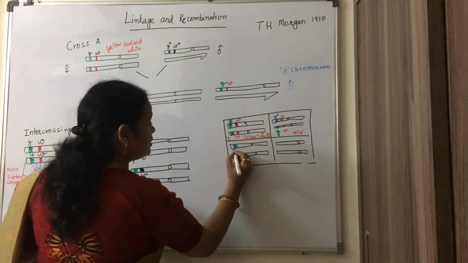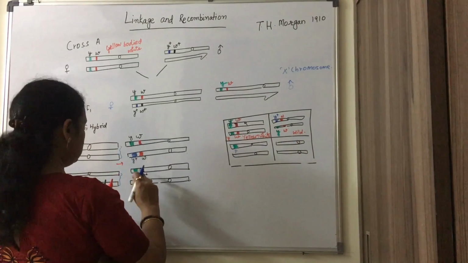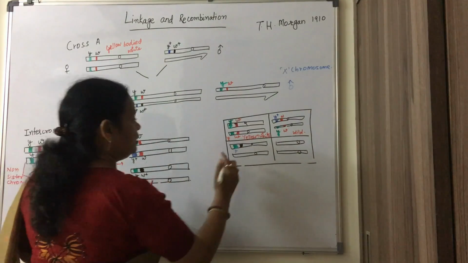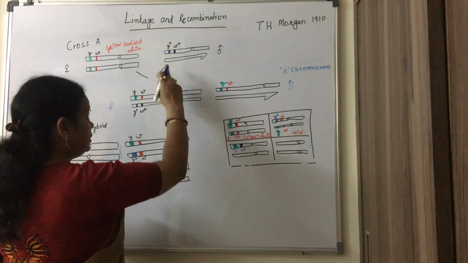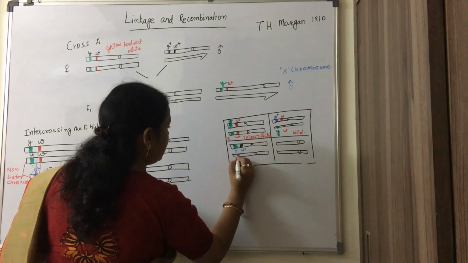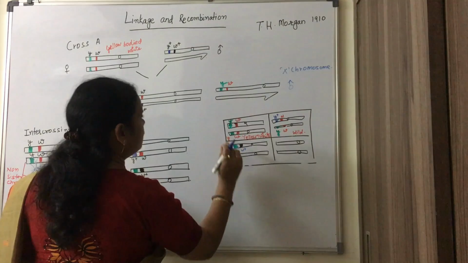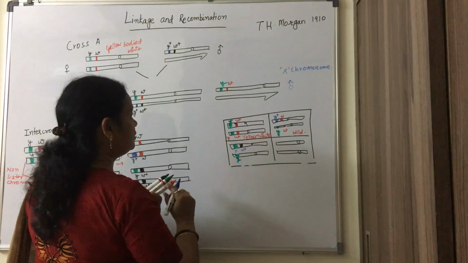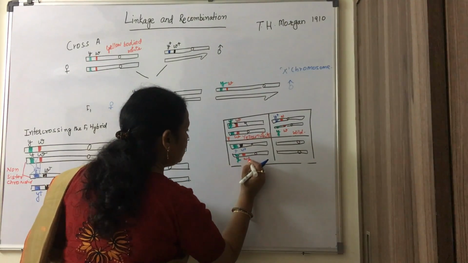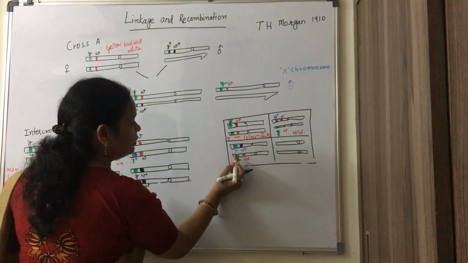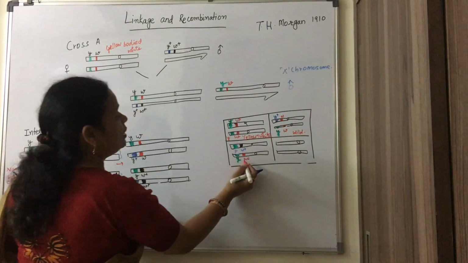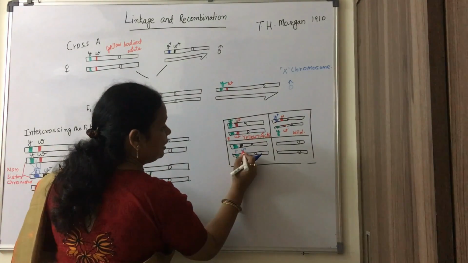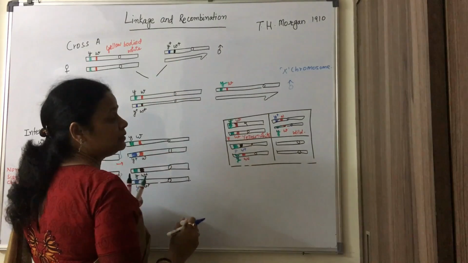Now the third chromatid with this X chromosome: here you have yellow, meaning Y, and the second gene, which is W plus. The parent X has Y and W. Here also Y and Y are parental, and W, the white eye, is parental, but here you have W plus, which means red eye.